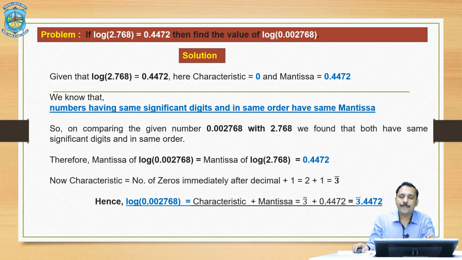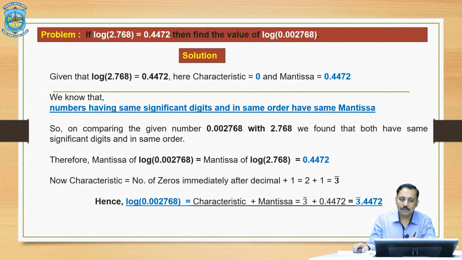So, on comparing the given number, that is 0.002768, with the given number 2.768, we found that both the numbers have same digits and in same order. Therefore, mantissa of the given number 0.002768 is equal to the mantissa of 2.768.